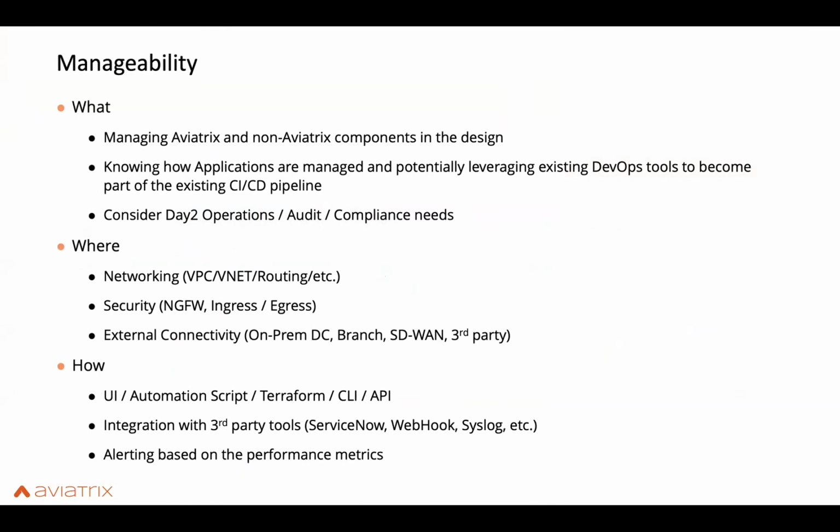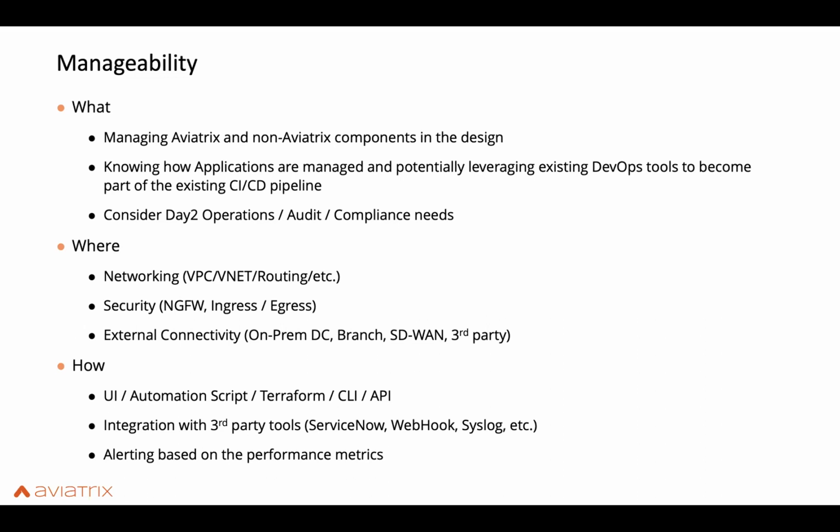What we are actually looking for is how you satisfy the business requirement to manage and operate this entire cloud networking landscape, and how you can make it part of your CI/CD pipeline, because whether you like it or not, the cloud world is all agile, very fast, and automated, right?